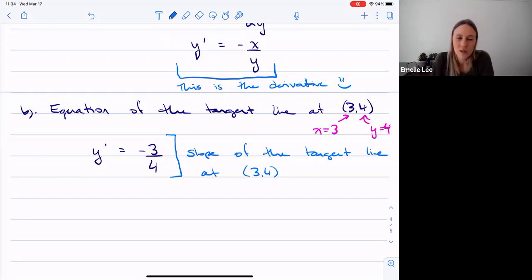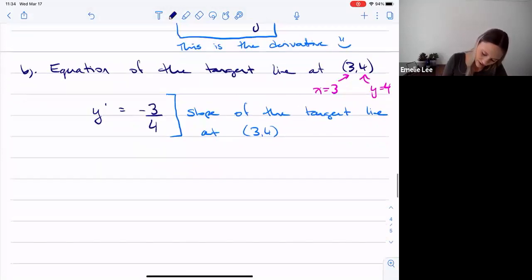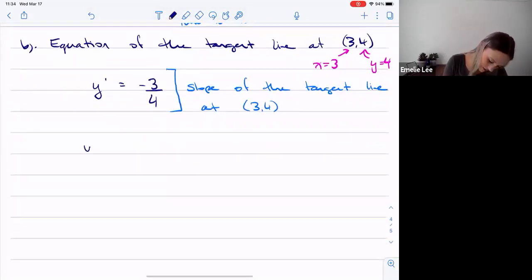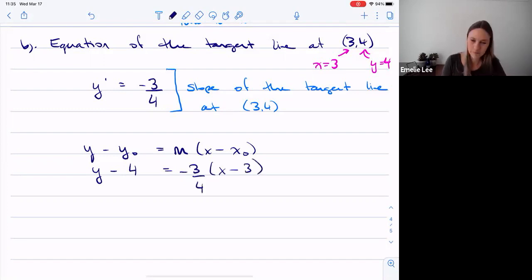Once I have the slope and a point, I can use the point-slope form of a line and construct this: y minus y naught is m times x minus x naught. So y minus the y of the point we have, which is 4, equals -3/4 times x minus 3.